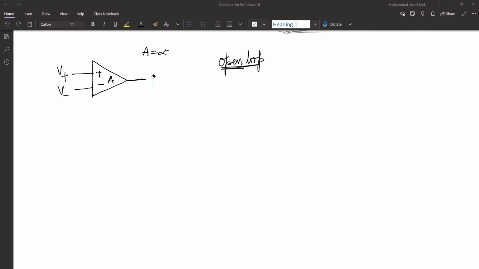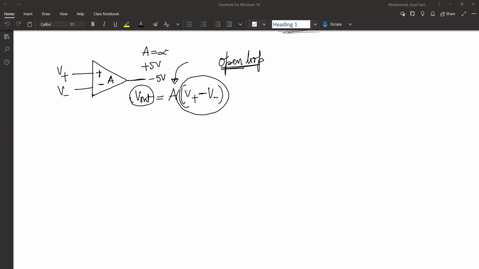So the output V out will just be A times V plus minus V minus. And because A is very large, which is basically infinite for ideal op-amps, we say that V out will always saturate to either plus 5 volts or minus 5 volts, however small this difference is, correct?